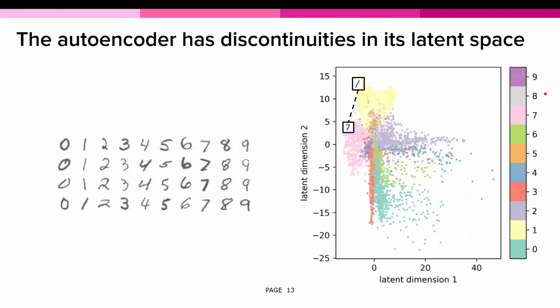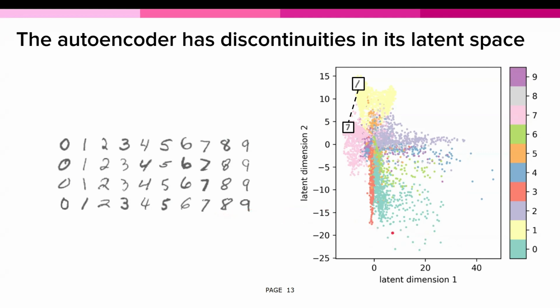A fundamental limitation of an autoencoder, though, especially when it comes to generative tasks, is in the nature of the latent space that it learns. So if we train an autoencoder on say, the MNIST handwritten digits task, you can visualize the mappings of respective points in the data set in the lower dimensional space. So in this plot here on the right, we're looking at a 2D latent space of an autoencoder corresponding to MNIST samples.